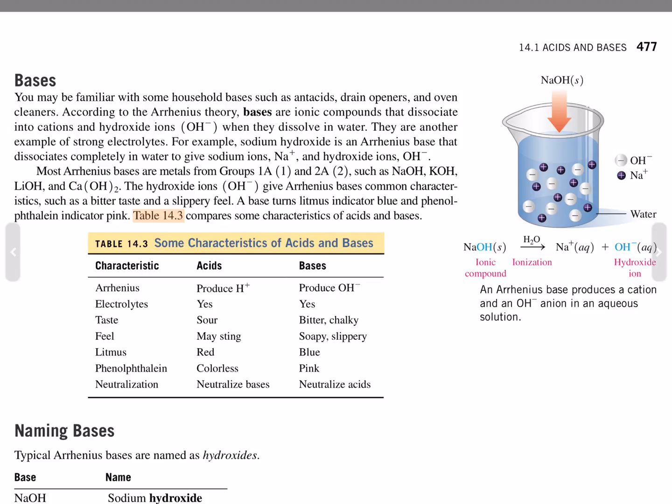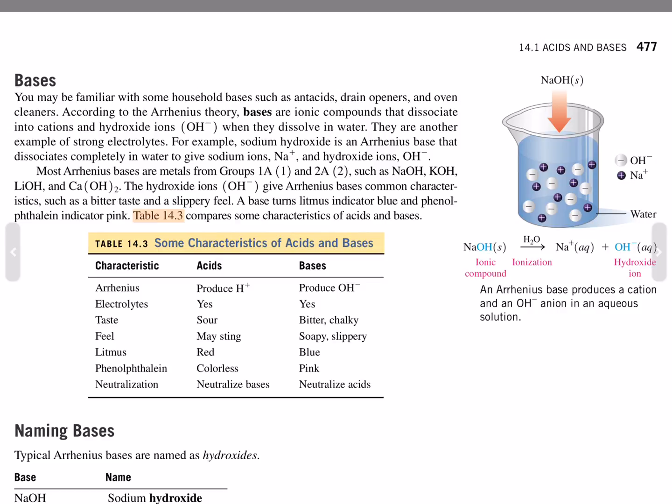Most Arrhenius bases are metals from groups 1A and 2A, such as sodium hydroxide, potassium hydroxide, lithium hydroxide, and calcium hydroxide. The hydroxide ions give Arrhenius bases common characteristics, such as a bitter taste and a slippery feel. A base turns litmus paper blue and phenolphthalein indicator pink.